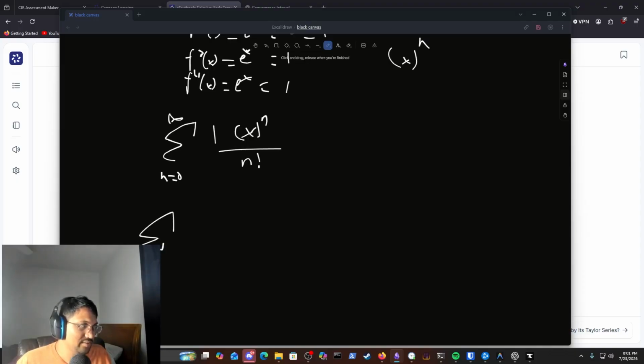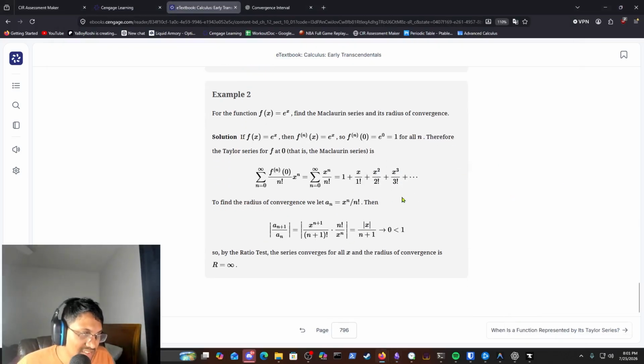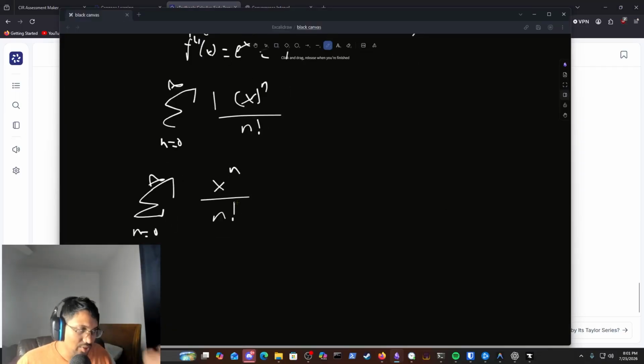I'm already aware that this is actually the correct series. If we look here, this should be what they get too. Yeah, they get 1 plus x over 1 factorial plus x squared over 2 factorial plus 3, right? So this is the best series approximation we can use for e to the x.